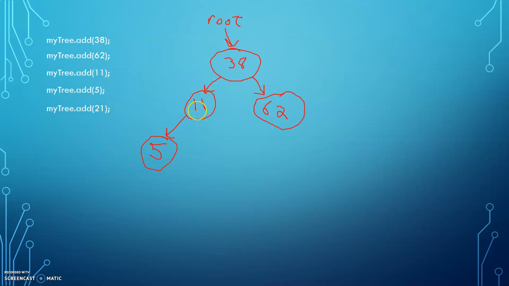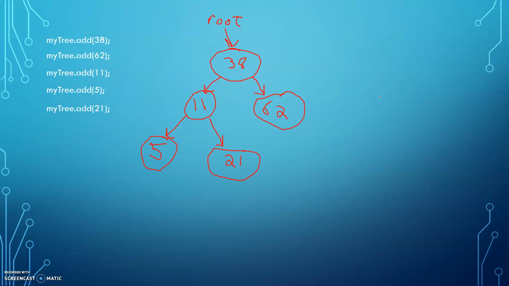And then we're comparing 21 to 11. It's greater. Well, there is no right. So to the right of 11, this 21 is being created here. And so after this add method with the value 21 has been called, this is how the tree looks right now.